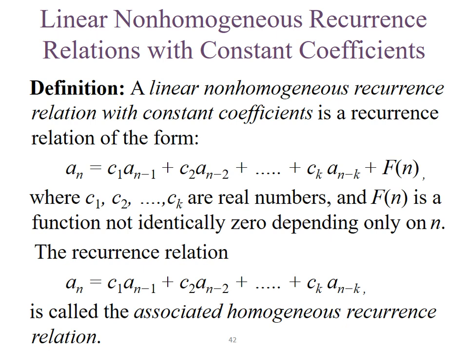So generally, we can just write f(n) instead. Okay? And then to discover the solution, actually, we can partition this equation into two parts because we have discussed how to discover the solution of linear homogeneous recurrence relations. So basically, this part is the linear homogeneous recurrence relation, and we have the second part here, which is the non-homogeneous part.